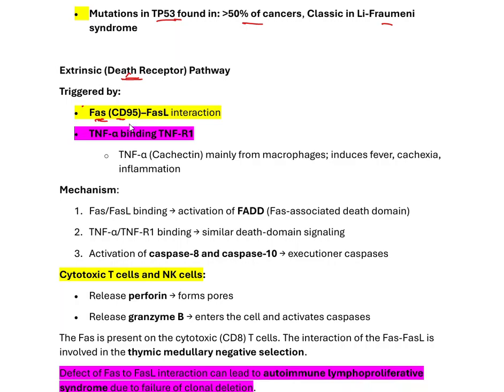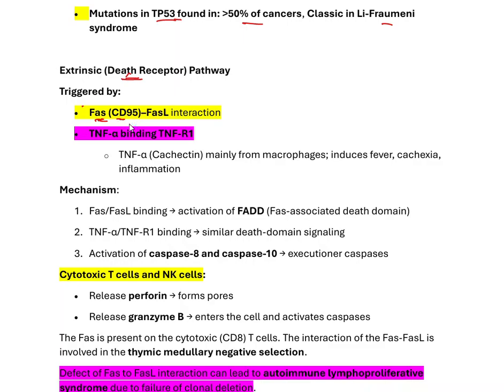When you look at the Fas receptor, the way I know that it's a Fas receptor is that I see the marker on it, and the marker for that Fas receptor is CD95. Just like when you see a B cell, what's going to be the marker for B cell? Very good, CD20, CD21. When you see T cells, what's the CD marker for the T cell?